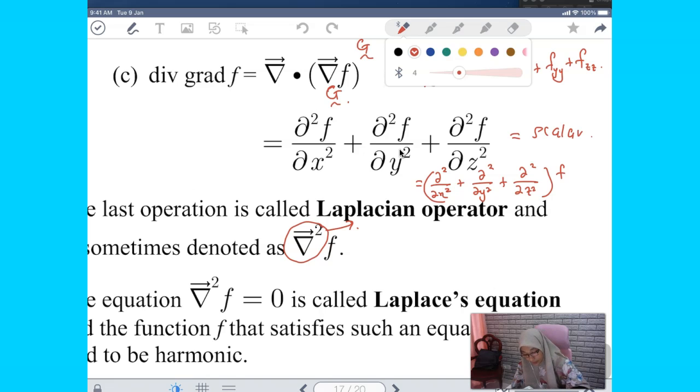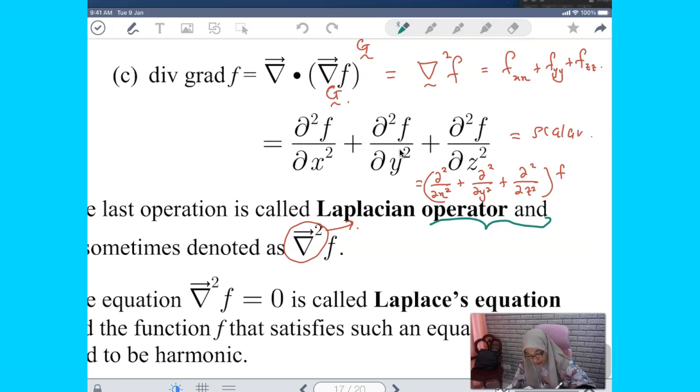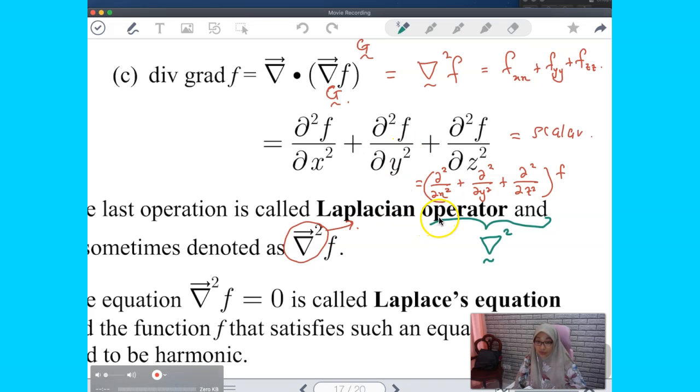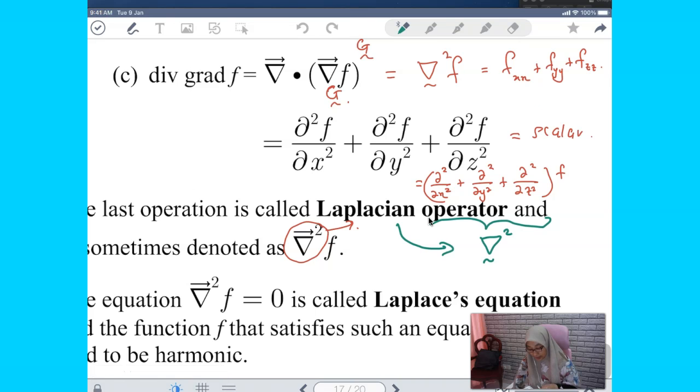What I want to say is that the part in the bracket is actually nabla square or gradient square, and that is called the Laplacian operator.